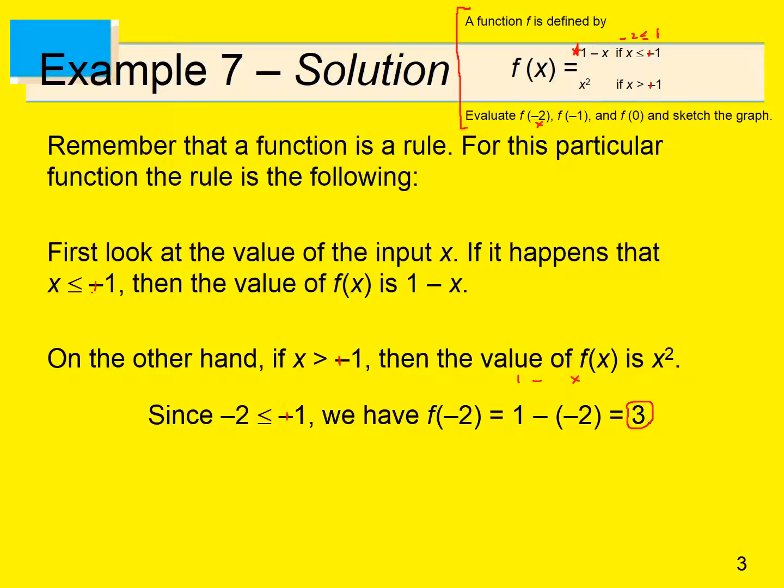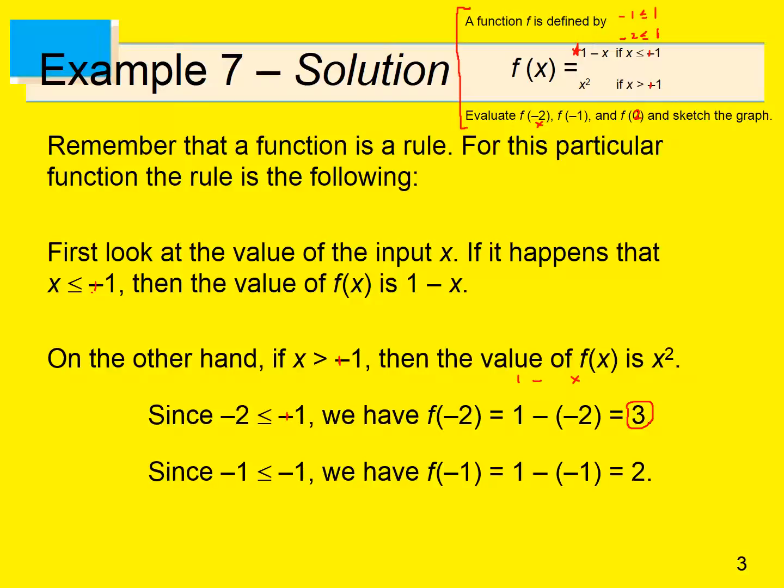Second problem, f of negative 1. Well, that's also less than or equal to 1. I think for this third problem we want x to be 2. But second problem, no doubt about it, x is negative 1.